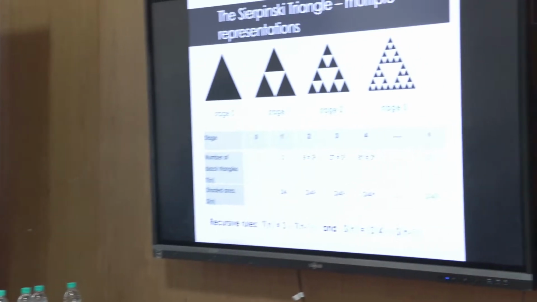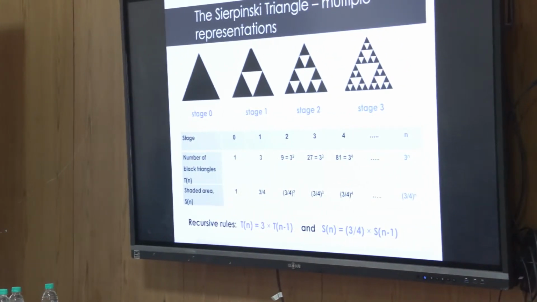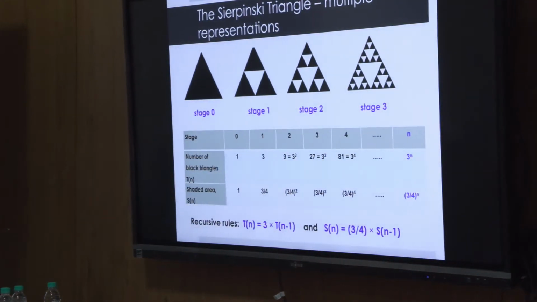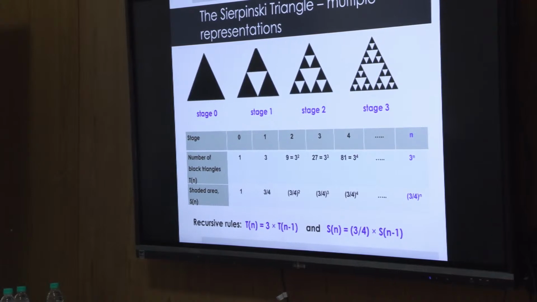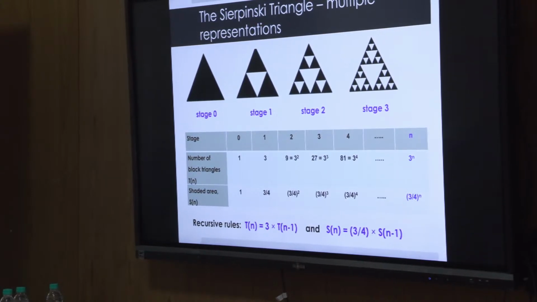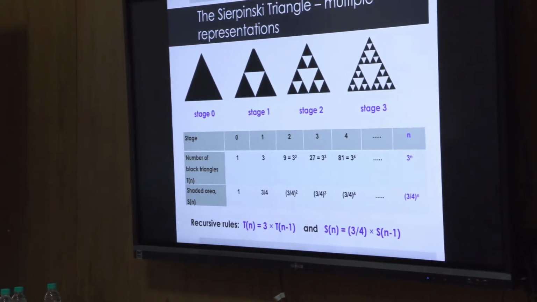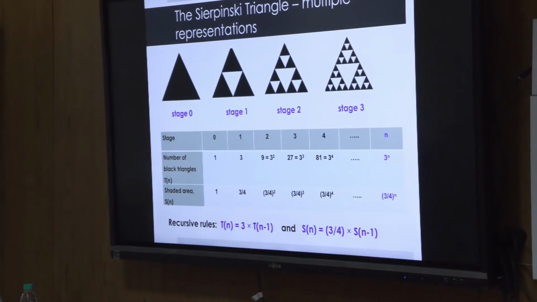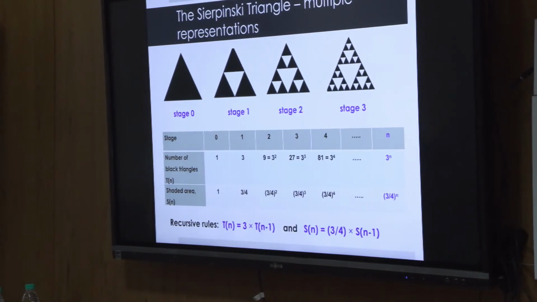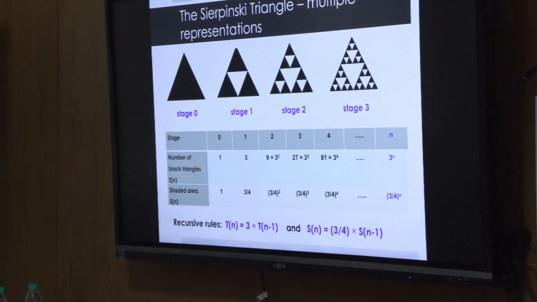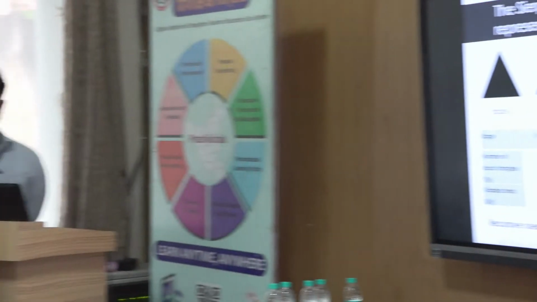You can ask children to build a table, noting down the number of shaded triangles and the shaded area. When you look at area, if the initial triangle at stage 0 is 1 square unit, then what fraction is black in stage 1? They easily say 3 by 4, because you're breaking it into 4 parts and removing one part.